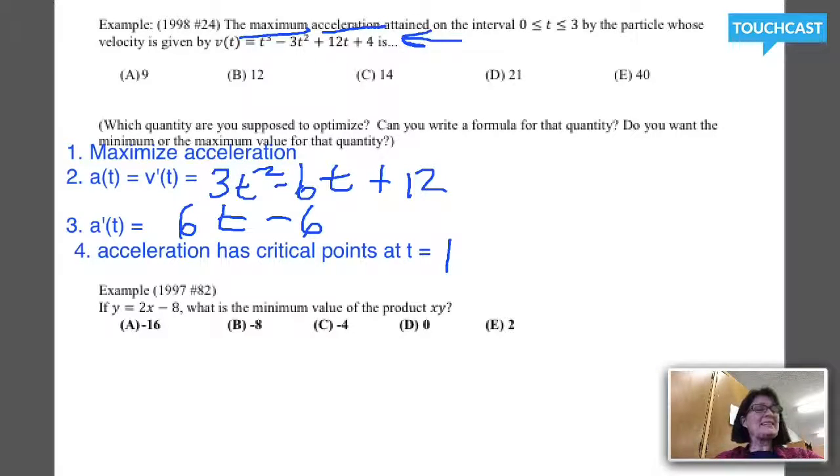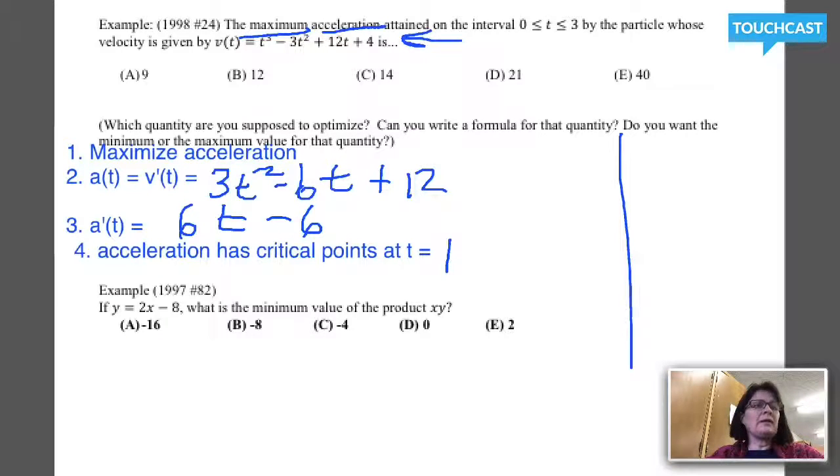Step 5 says to make a table of values. My inputs are going to be any critical values and any endpoints, and my outputs are going to be that original function I want to optimize. Remember, that's what I said in the last video, is if I had a list of all the acceleration values, I would just pick the biggest one. So what I'm doing is essentially making a list of all the possible interesting acceleration values, and I'm going to pick the biggest one.